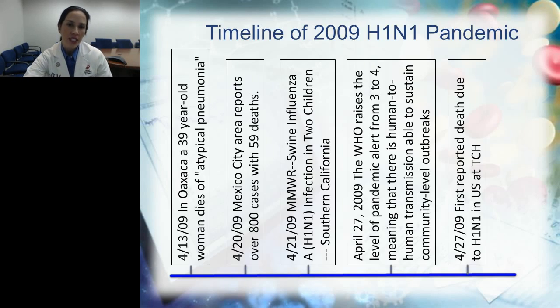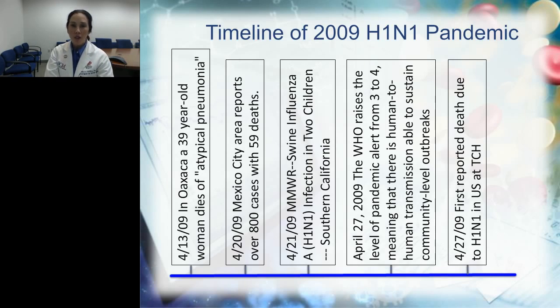And fortunately or unfortunately, however you want to look at it, for us, in mid to late April there were 2 cases of what at that point in time was called swine influenza in children in Southern California. On April 27th, the WHO raised its pandemic alert level to 4, which means there is human-to-human transmission, enough to sustain community-level outbreaks.